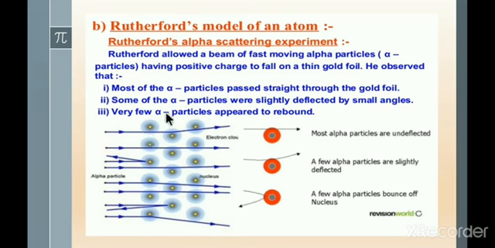Number two, some of the alpha particles were slightly deflected, meaning bent by small angles, and some by large angles. Number three, very few, 1 out of 20,000 alpha particles appeared to rebound, that is, they came back by an angle of 180 degrees.